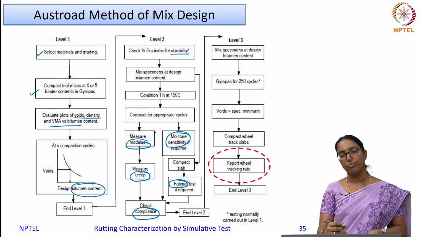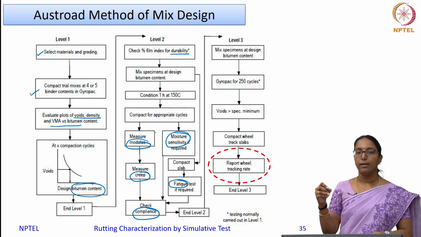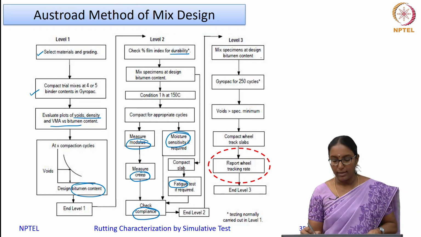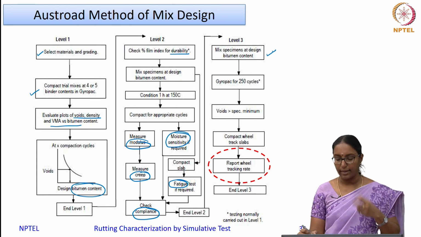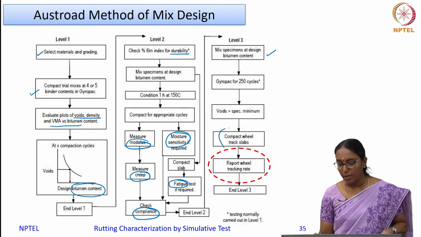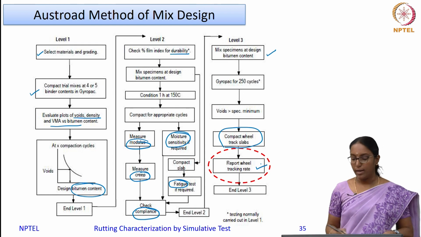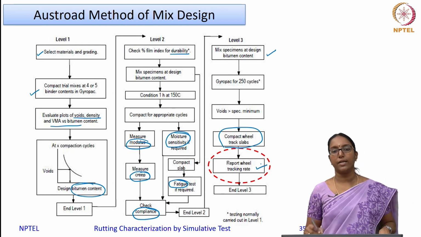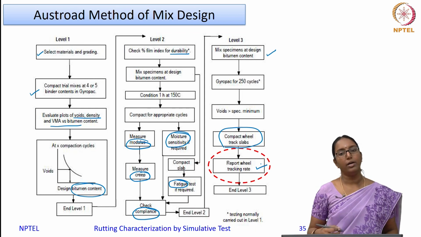Once approved through all these aspects, it goes to the 3rd level. In the 3rd level, the mixture is again cast with the designed binder content, and then you do the wheel tracker test and the wheel tracking rate is reported. If this does not satisfy the requirement as per the standards, you have to redo your mix design.